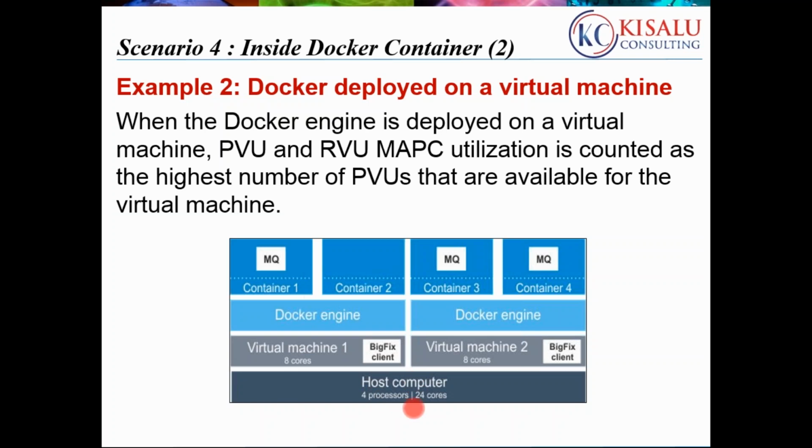It's no more directly to the host machine, but your Docker technology now has access to the virtual machine. So for the containers that are running there, your MQ will have access not to 24 cores anymore. It will have access to 8 cores here. And there we can run 2 containers. Each of the containers will only have access to 8 cores as well.